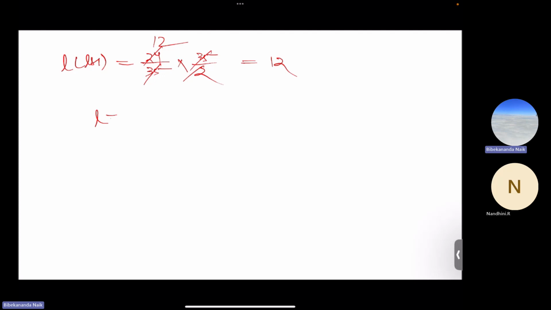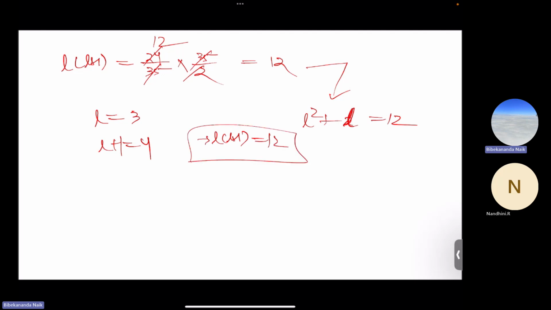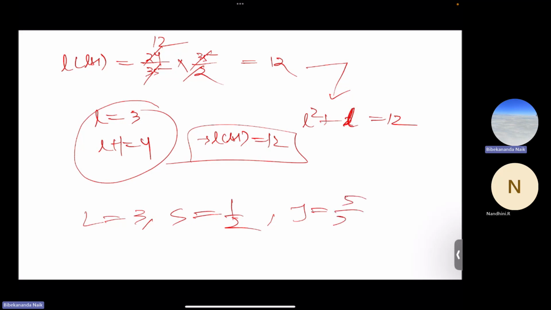So L is how much? L squared plus L is 12, or simply you can say L is 3, because L plus 1 will then be 4 and L into L plus 1 will be 12. So L is 3. So we got L is 3, S is half already given, and J is 5 by 2.